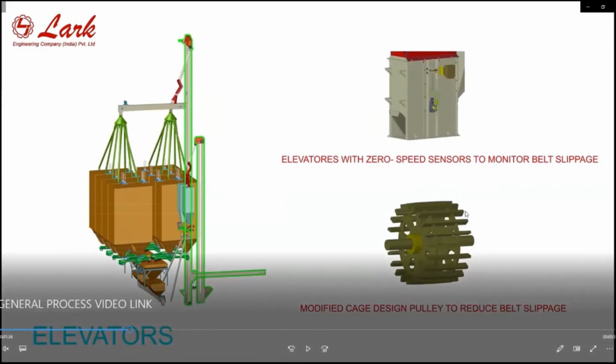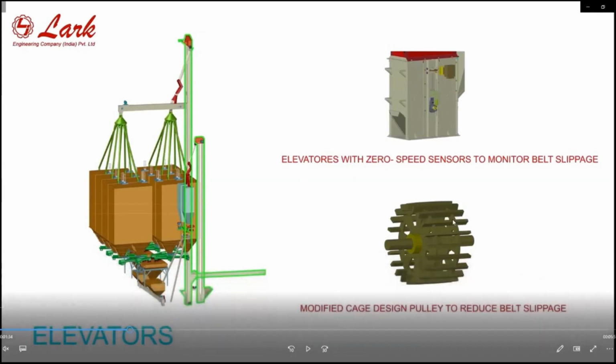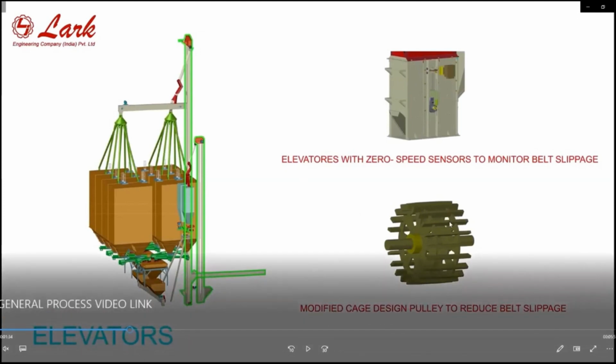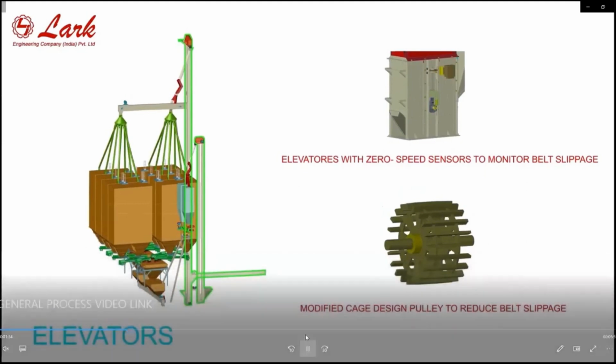Then this is the design of the pulley. We have to reduce the slippage, and we need maximum grip between the belt and the pulley. So we especially check that there is a crown angle in the pulley, and also a cage type pulley will help in good friction and good movement of the elevator.